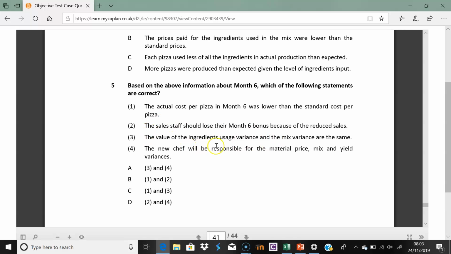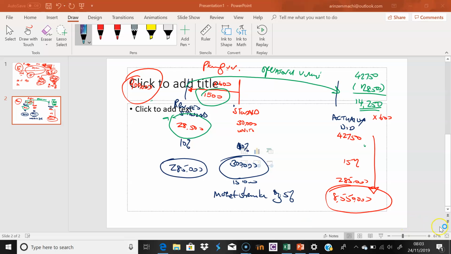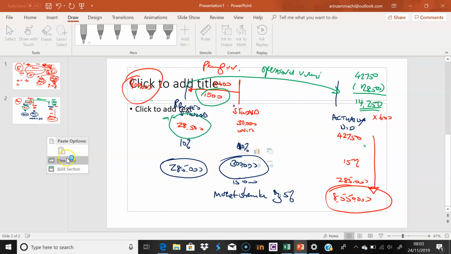The value of the ingredients usage variance, because usage variance is about output, he comes out with the pieces that we need, and the mix variance are the same. Well, that's true. It's not a trick question.